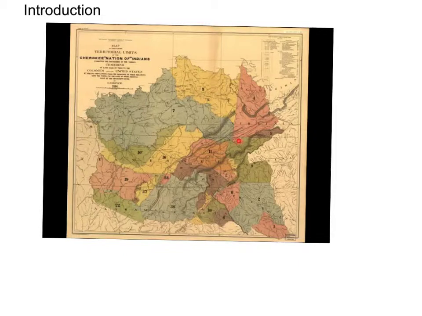This is the eastern United States. The Cherokees had territory in Georgia, which is actually a little farther south, South Carolina. Oh, Georgia's right here.